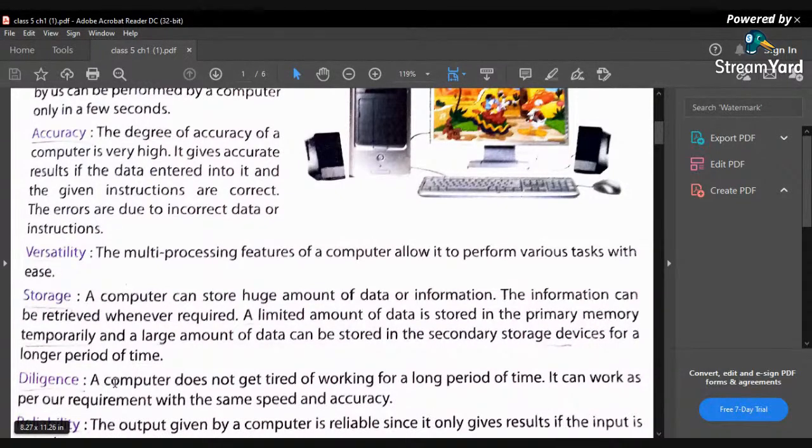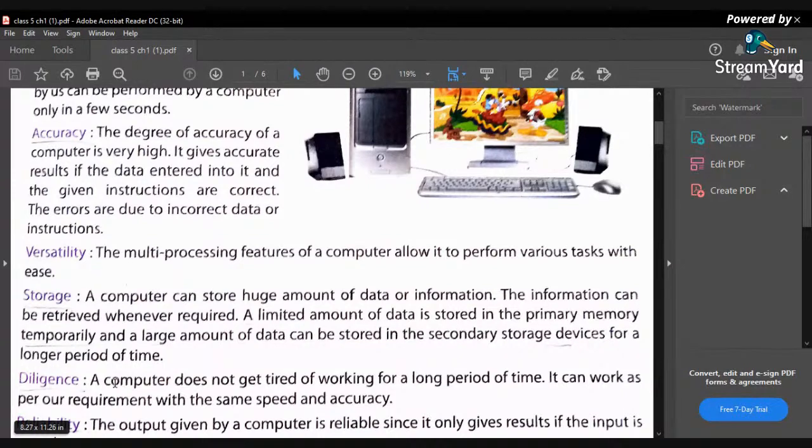Today, students, the versatility: the multi-processing features of the computer allow it to perform various tasks with ease. It means that you can do different types of work with the help of the computer.